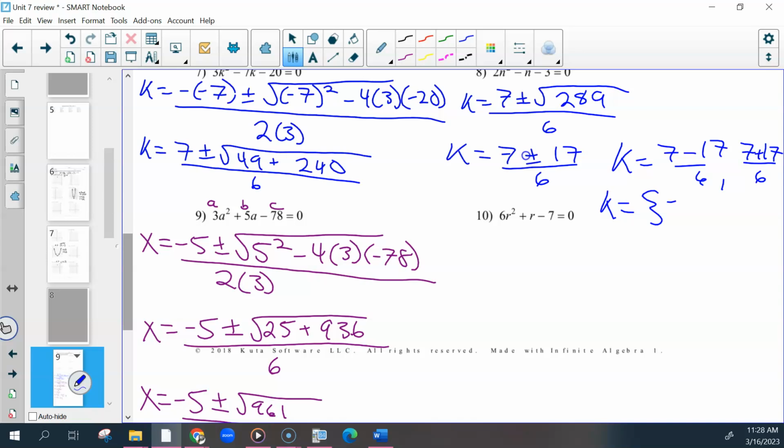And then that would produce negative 5 over 3. What would the other one be? So thank you, Allison, for fixing that. Okay. Any other general questions?